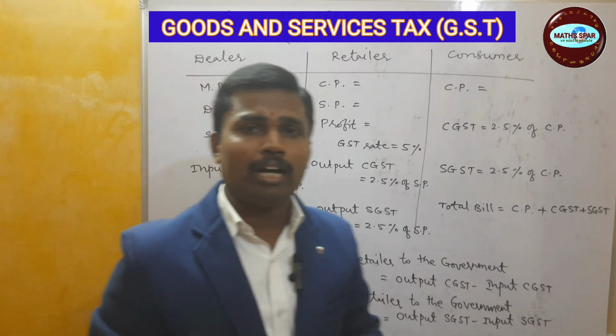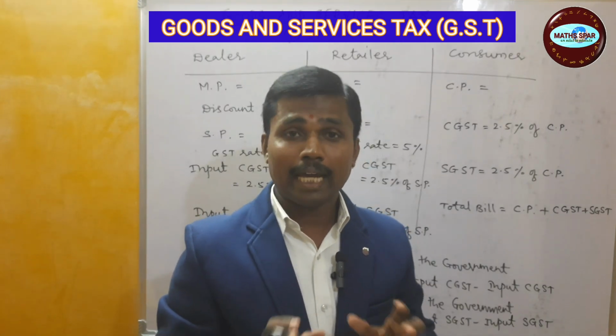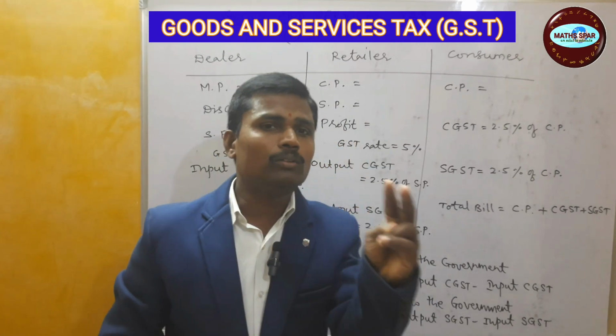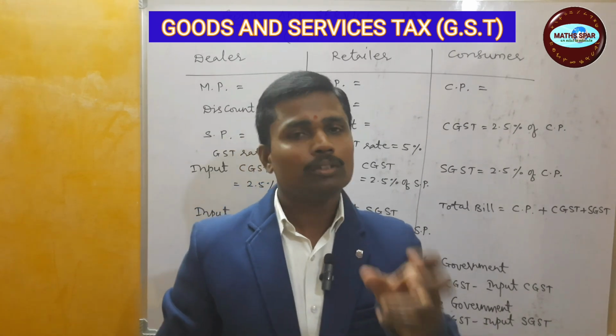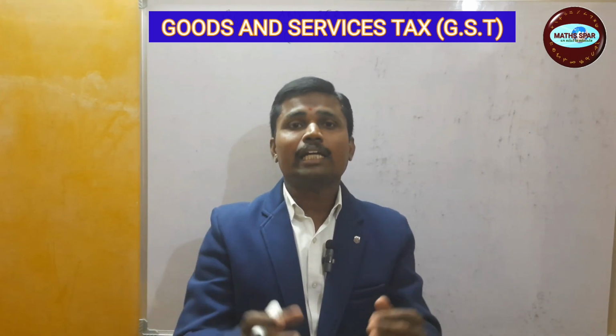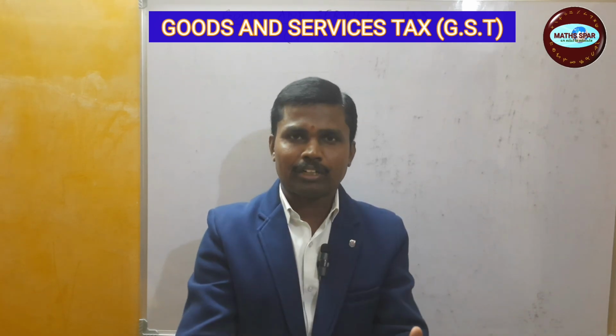Some questions will be given directly, like retailer to customer transactions. So how are we going to do that? A dealer or a retailer has sold a product to a consumer directly and he earned a profit. So nothing else will be given other than the profit.